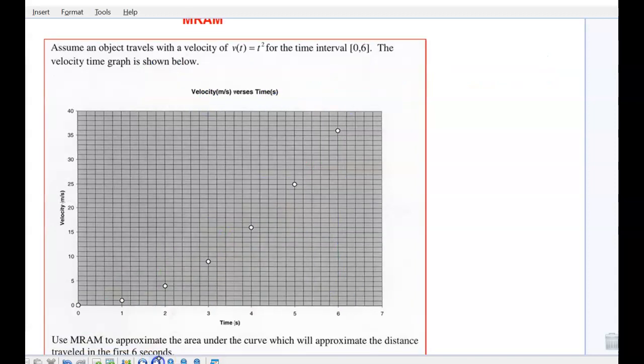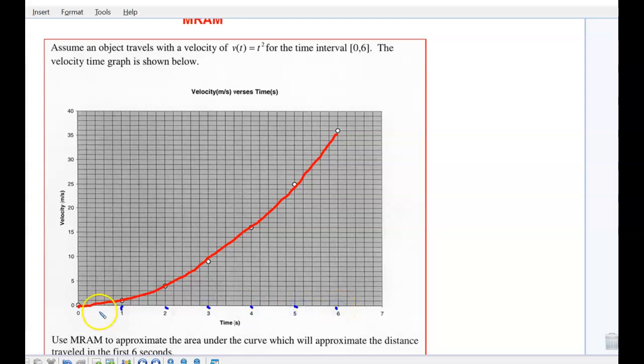Okay, in the last case, we're going to do what's called a mid-ram. A mid-ram is we take the middle of each rectangle and use that to calculate the height of each rectangle. So here's my curve again. And now I'm going to break it up to 0 to 1, 1 to 2, 2 to 3, 3 to 4, 4 to 5, 5 to 6.